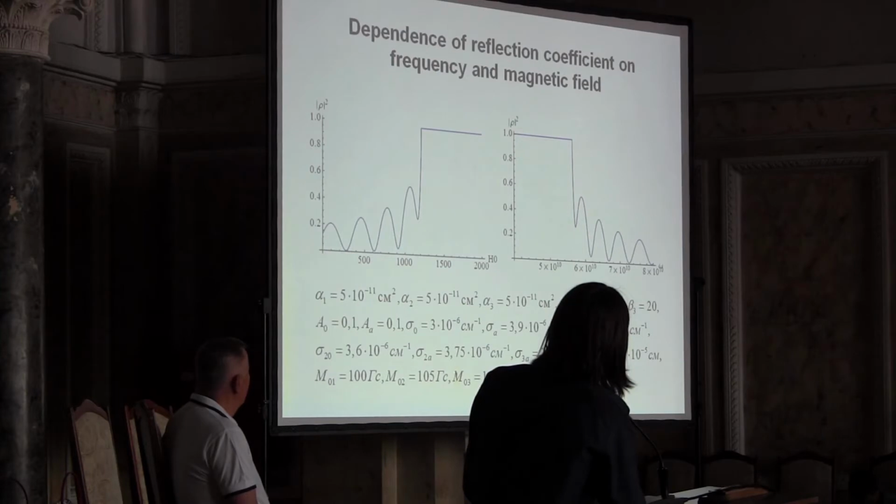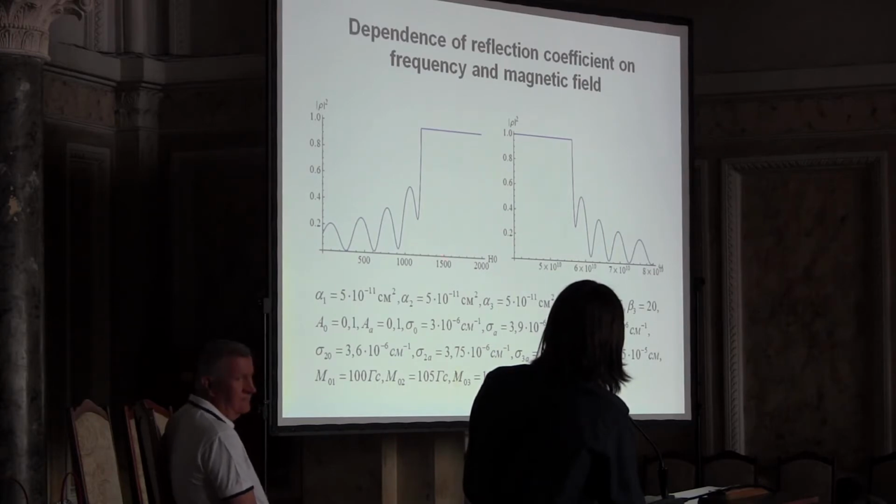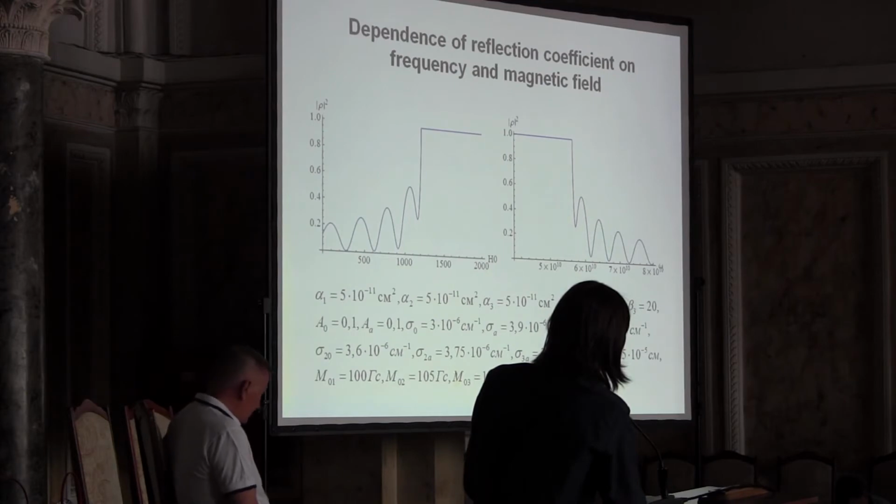This point is the point of full reflection of spin waves from the spin lens, and it is due to the fact that at these values of external magnetic field and these parameters of mediums, we get a complex wave vector, which leads to exponential decrease of the spin wave in the third medium. So we just have full reflection of spin waves.